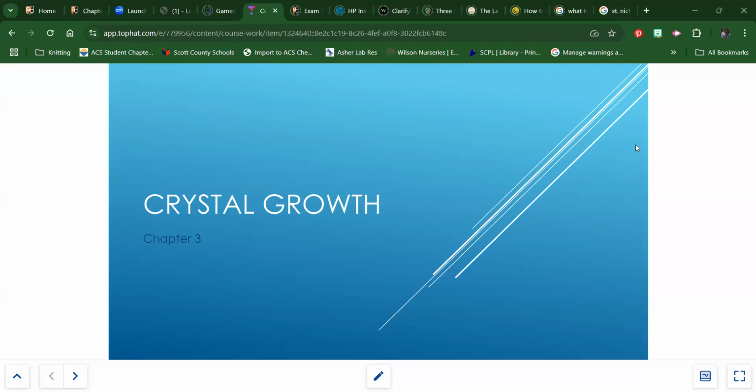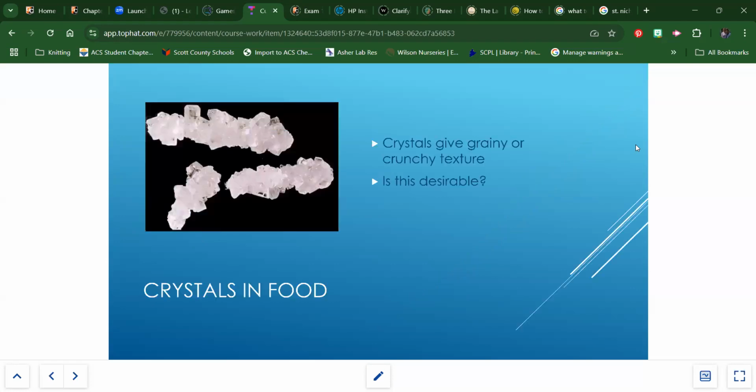So most desserts rely on crystallization of sugar to a certain extent. This is a picture of rock candy. The crystals can give a grainy texture, can give it a crunchy texture. And you might ask yourself, well, is that what I want in my food? And sometimes it is. For rock candy, it just really wouldn't be rock candy if it didn't have that crunch to it.